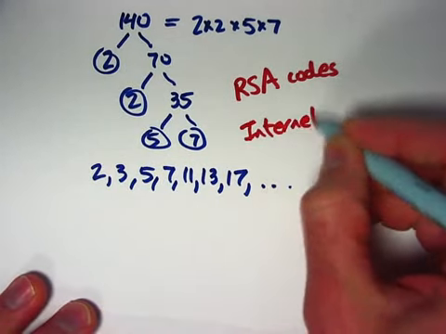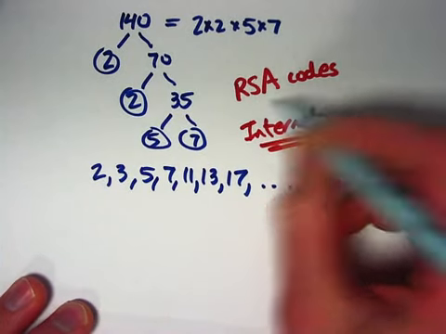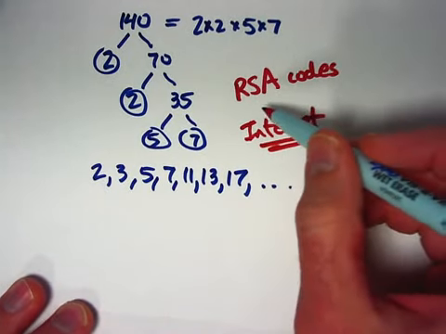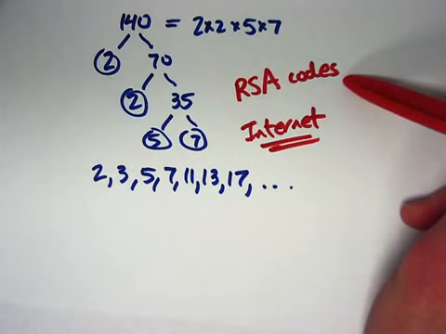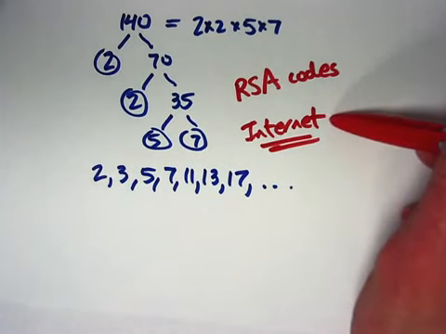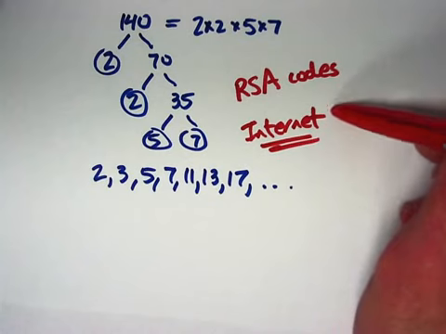It's not the only kind of system. RSA is a particular kind of system for encoding secret codes. But it's a very famous one, perhaps the most famous one. And it again helps keep your internet transactions secure. When you put your credit card number out there, you can be confident that nobody's going to be able to break it once it's encrypted.